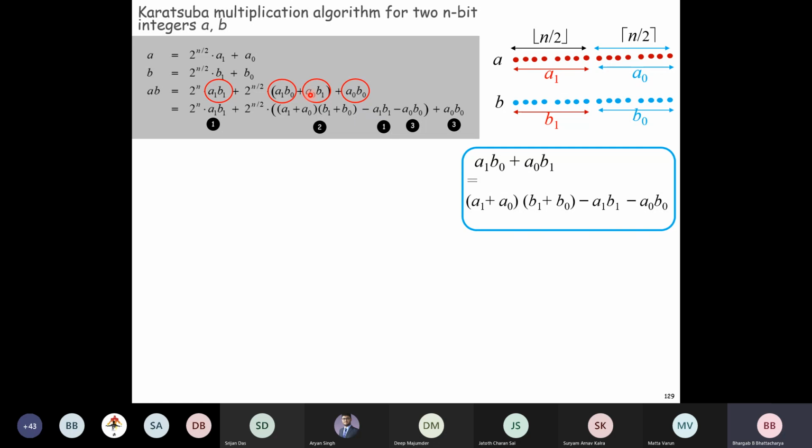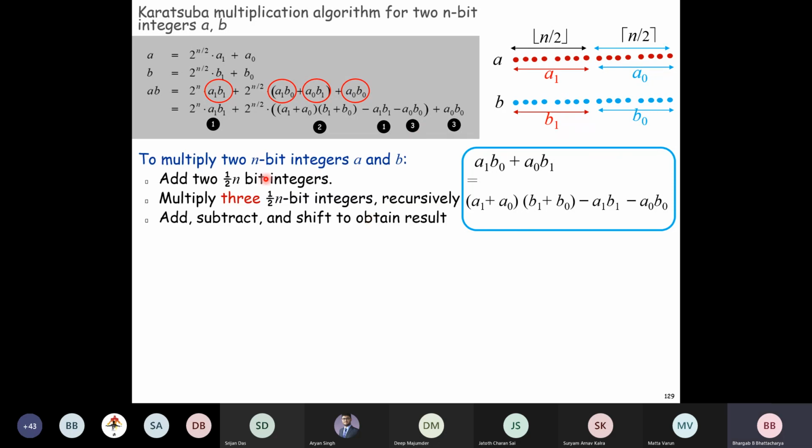Therefore, what Karatsuba did is he replaced this term using this factored form, and here you see there are 3 distinct product terms. One is here, which is repeated here; 2 is here, because there is 1 product term here and 2 sum terms; and this is the 3rd product term, which is repeated here. So what does it mean?